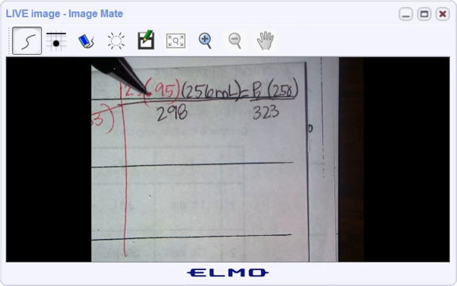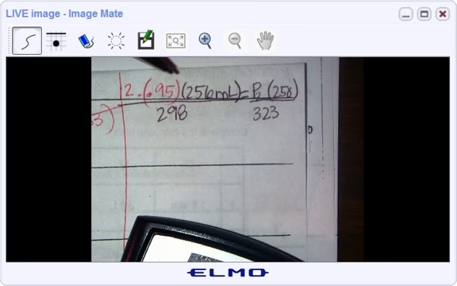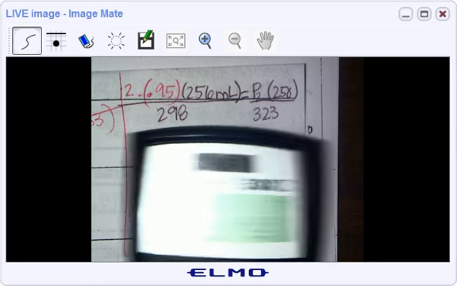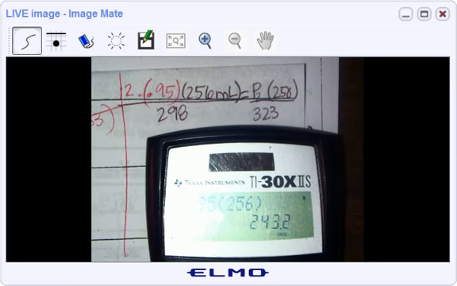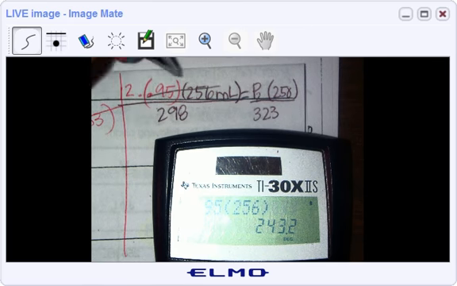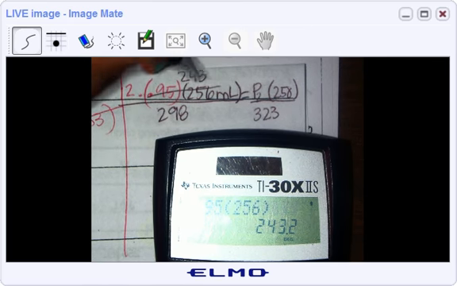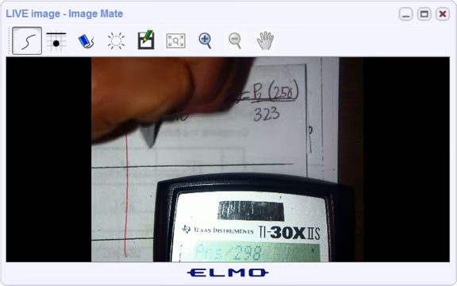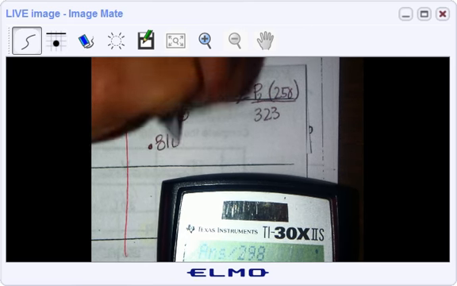I just need to multiply 0.95 times 256. And that gave me 243.2. So after I multiplied that, I got 243.2, and I just divide it by 298, and that gave me 0.816.